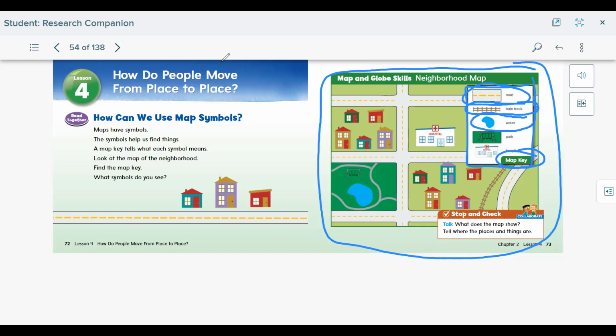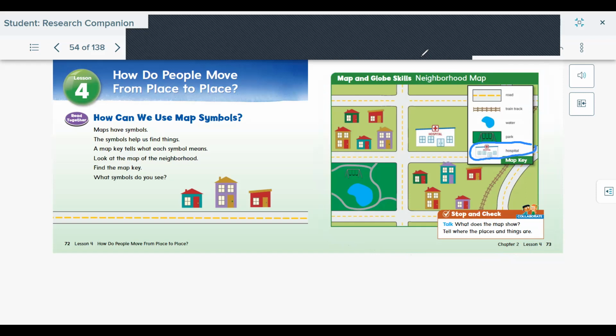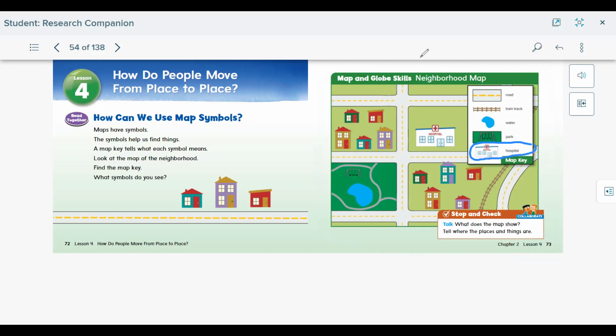Our third symbol, the blue, is water. Then we have park. And the last one here is a hospital. So that's letting us know what these symbols mean.